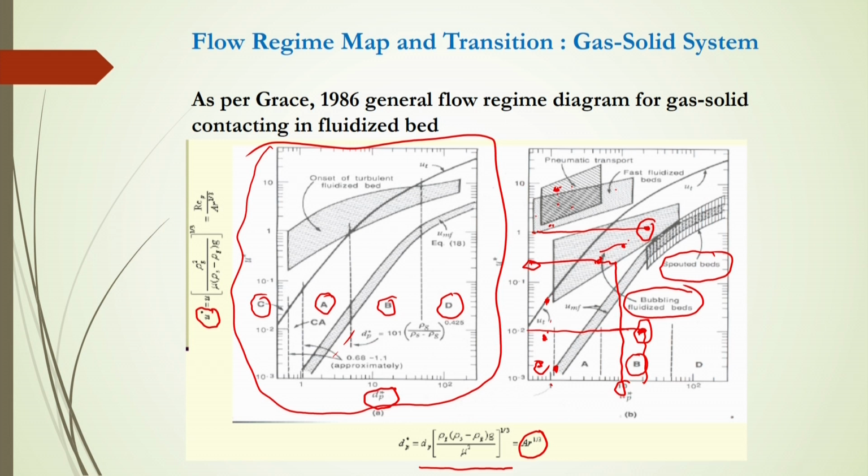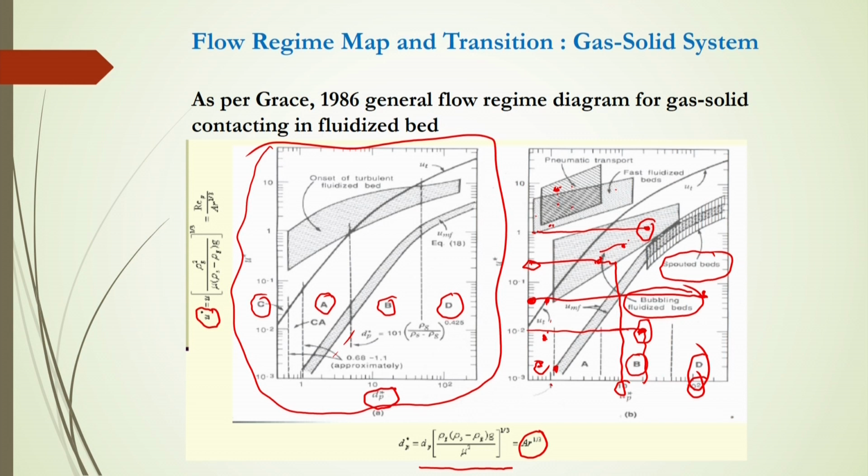Also, if you want to get spouted beds, suppose you have a D type particle where dp star is equal to this, and you want to get the spouted bed at this point. You can calculate the velocity from this, and this will be the velocity by which you can get the spouted bed.